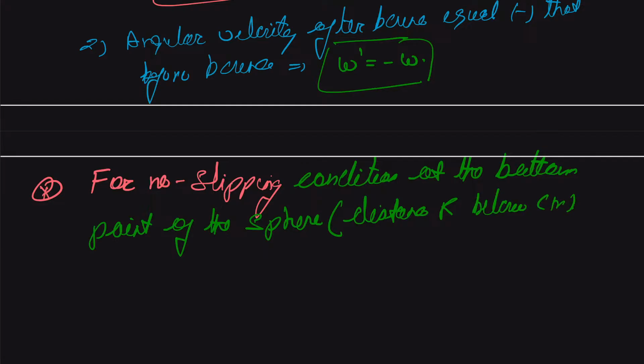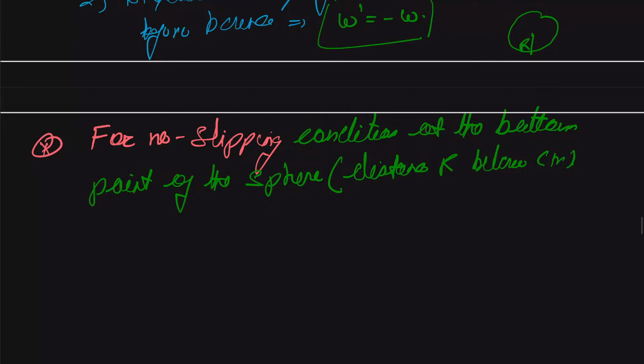Okay. So this ball is having a radius r, and we can write that our Vx minus r omega should be equal to negative of their prime version, Vx prime and our r omega prime.